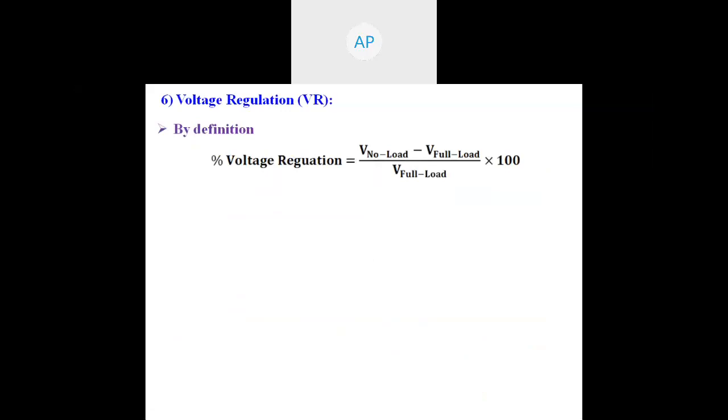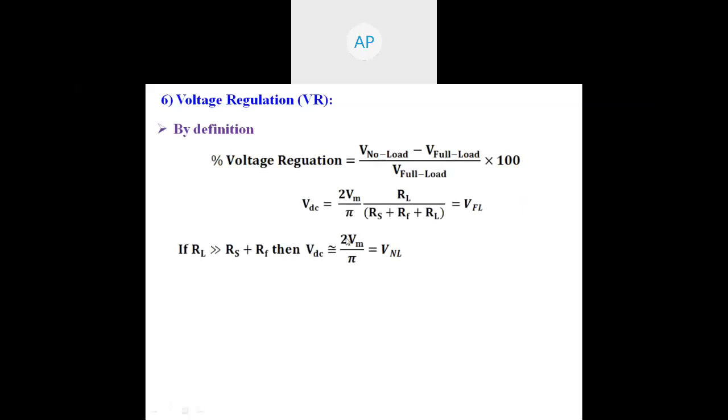Now what is the voltage regulation? Voltage regulation by basic definition is given as the no load voltage minus the full load voltage, divided by the full load voltage. Now what is the no load voltage? When the load is not connected, it is given as this one. And when the load is connected, the expression for this one is given as this.